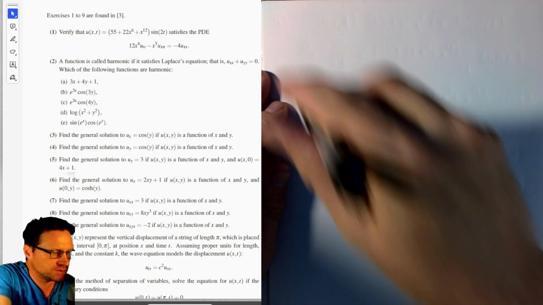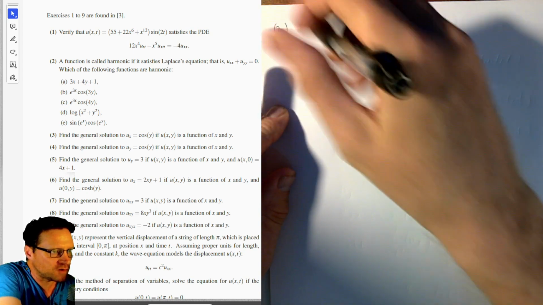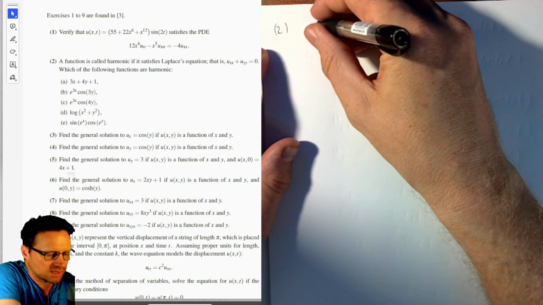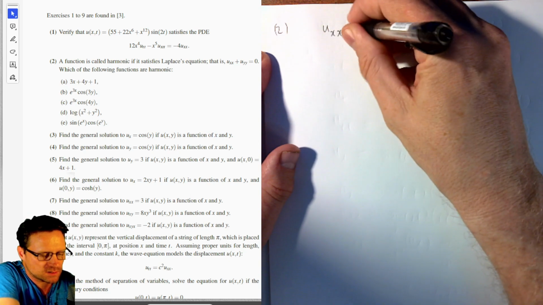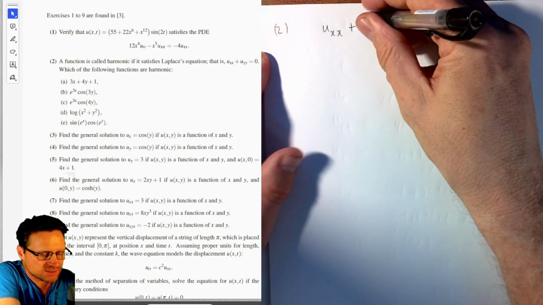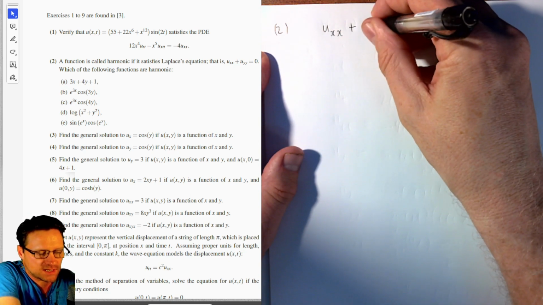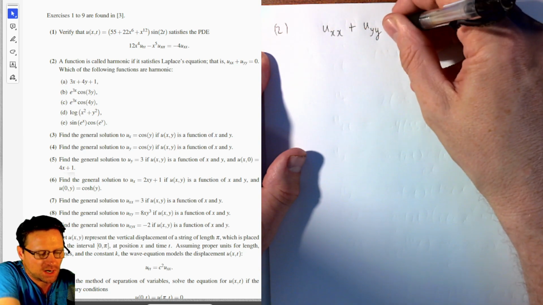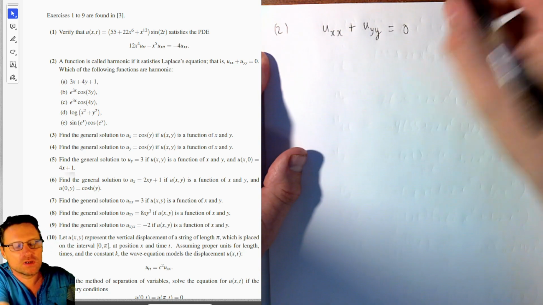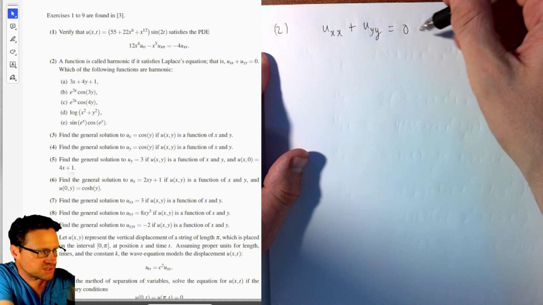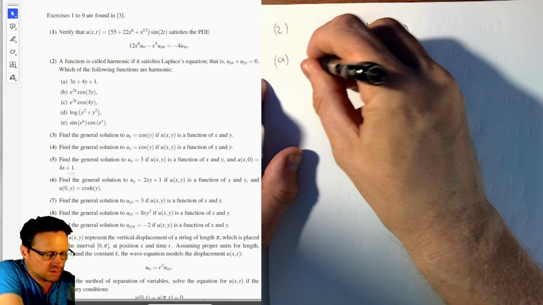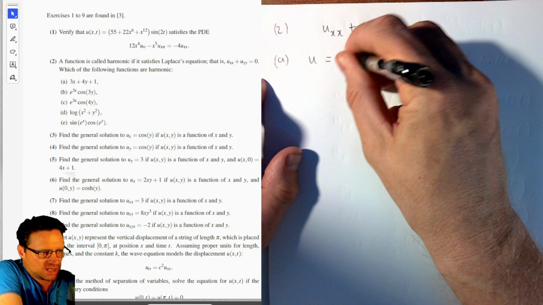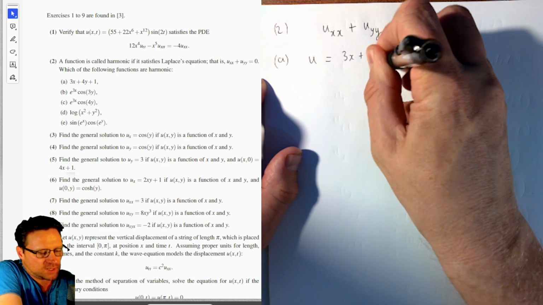Okay, question 2. A function is called harmonic if it satisfies Laplace's equation, which is this one, second derivative with respect to x of u plus second derivative with respect to y of u is 0. So this is Laplace's equation there. Now, in part A, u is 3x plus 4y plus 1.